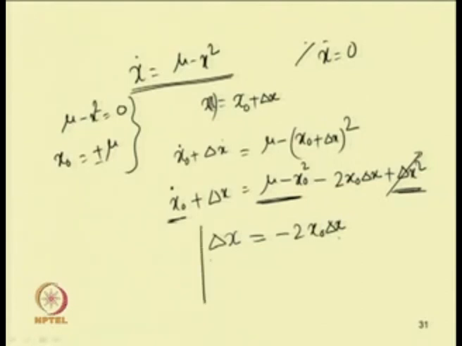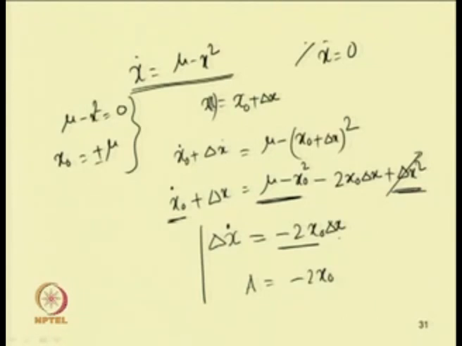This way one can find delta x dot equal to minus 2 x0 delta x. So our Jacobian matrix becomes just this: A equal to minus 2 x0.